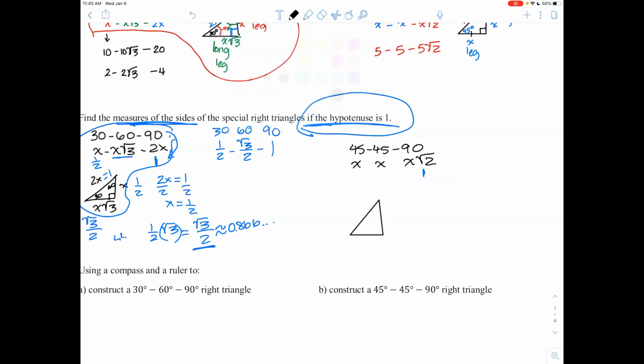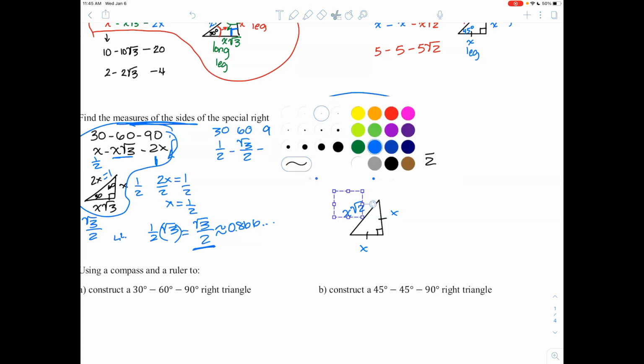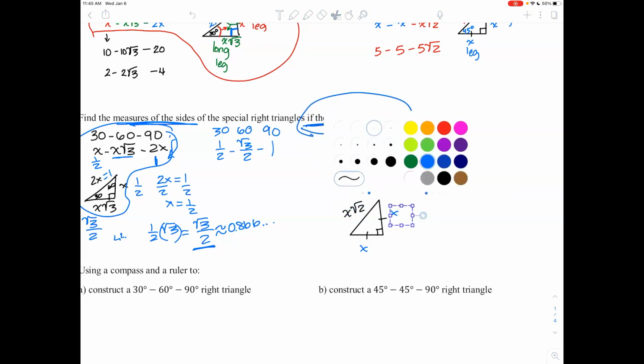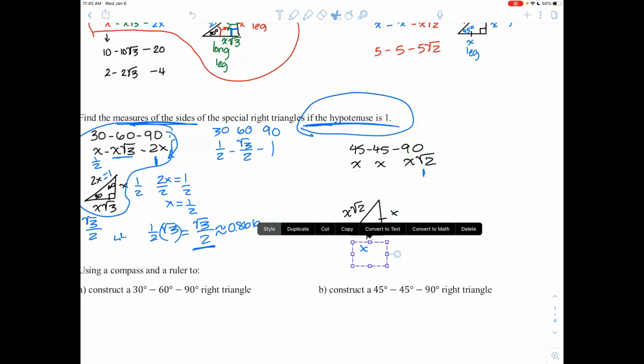So this is x, x, x square root of 2. I don't know why I did those in blue. I meant to do them in black. So I'm just going to change them real quick.